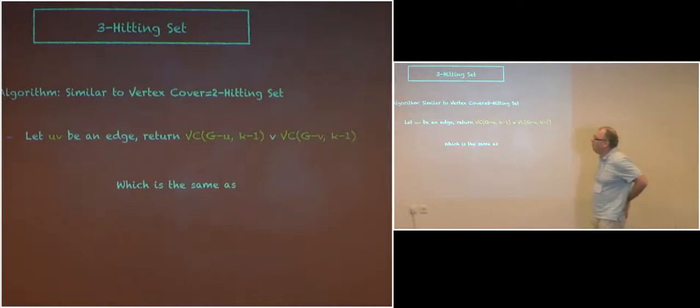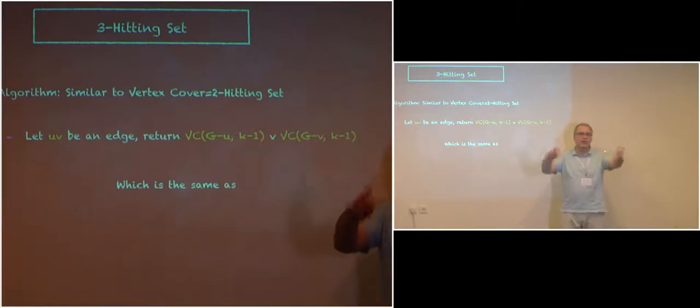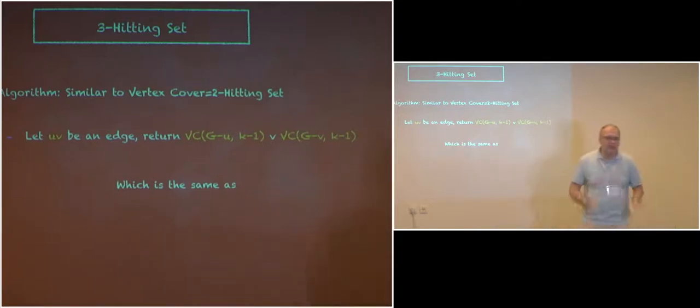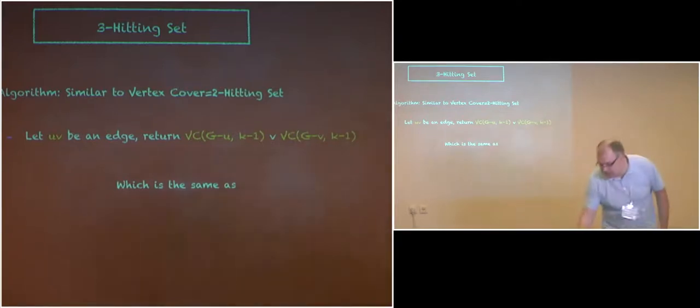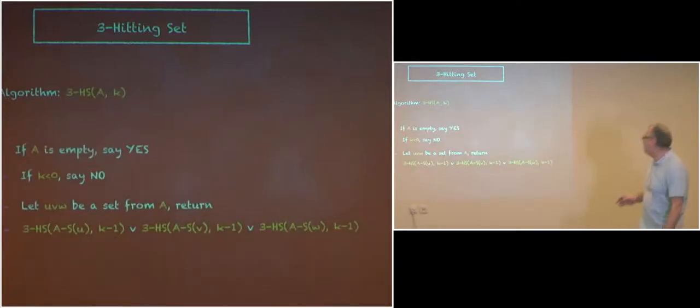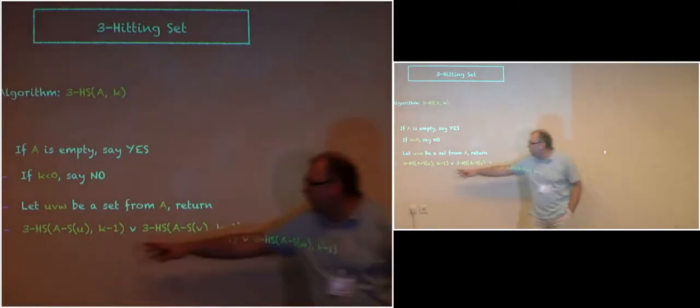Once again, for vertex cover we were taking an edge and deciding on the endpoints of this edge which of them goes to the vertex cover and which doesn't. I want to do exactly the same for hitting set, but now I have a hyperedge which contains 3 elements. So I pick a hyperedge of 3 elements, and then I call recursively.